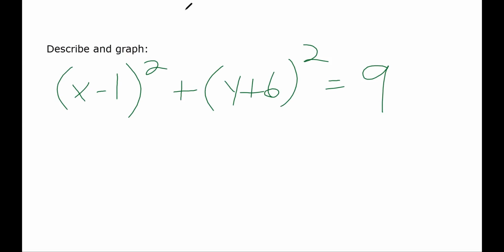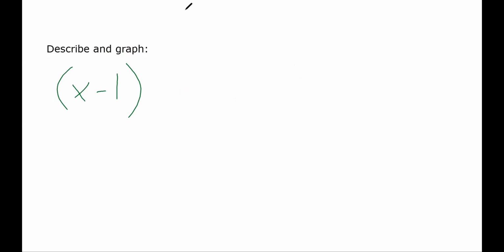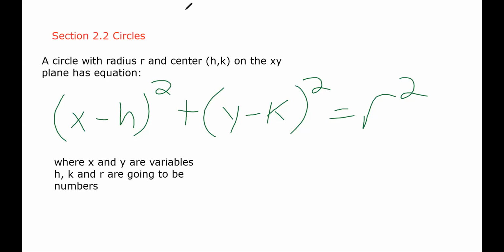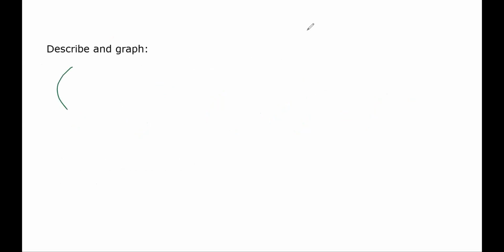So remember all the way back to the basic definition of a circle that we just wrote, and it has it already being subtracted. So if it was x minus 1 squared, that means that the x coordinate of the center is really just the number 1. In other words, what you see inside there, it says x minus 1 squared.